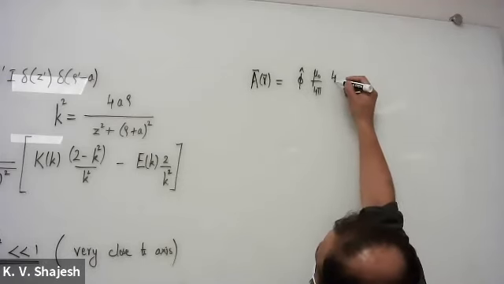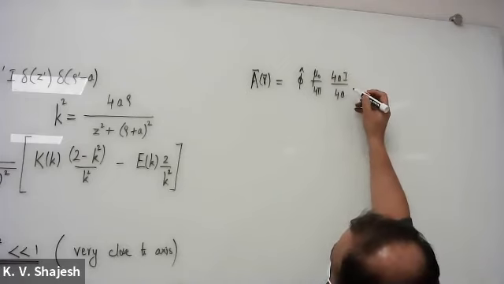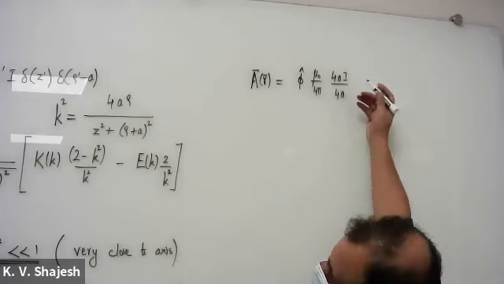This is 4a, I divide it out by 4a rho square. And then that is 4a rho square, square root of 2.